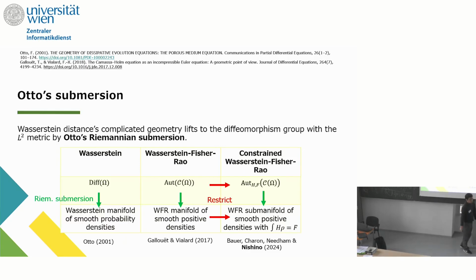This gives the Riemannian submersion for our space. Using this, we have figured out a Monge formulation for our constrained Wasserstein-Fisher-Rao problem, but that's another story.